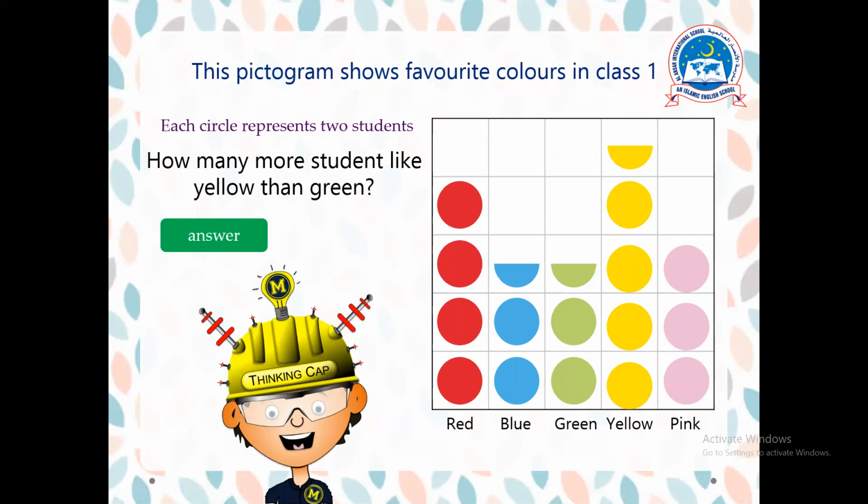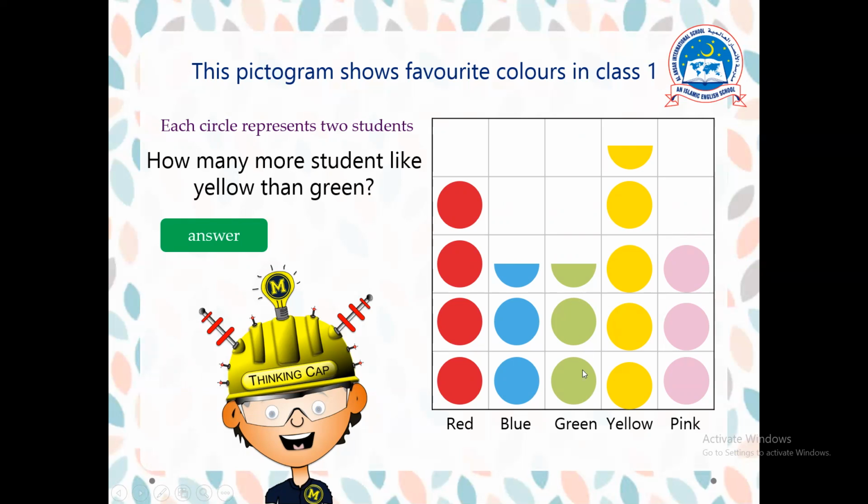Now again, the same pictogram, and each circle represents 2 students. Now I want you to tell me how many more students like yellow than green. So now we're going to compare yellow and green. Here we go, this is yellow. And here, green. How many more students like yellow than green? Here we have 2, 2, 2, 2, and 1. Here we have 2, 2, and 1.